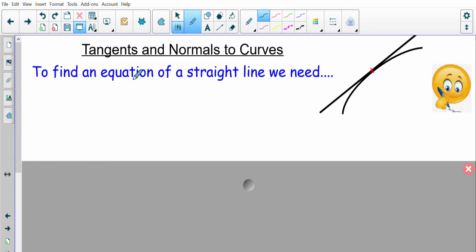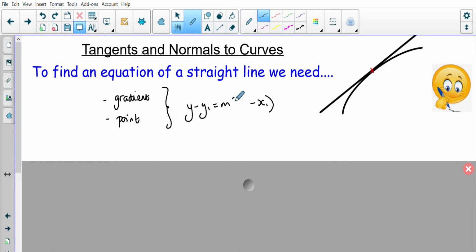So as we've had a reminder in our starter, in order to find the equation of any straight line, we need the gradient of that line and we need a point on that line. And then we simply substitute into y minus y1 equals m(x minus x1).